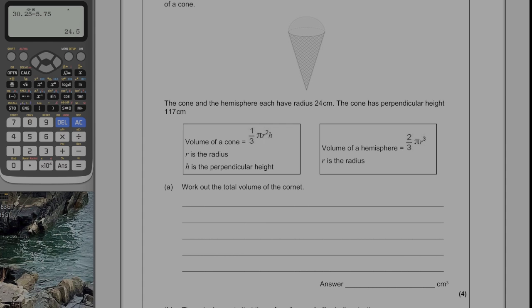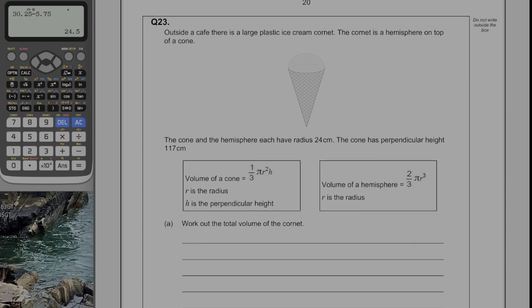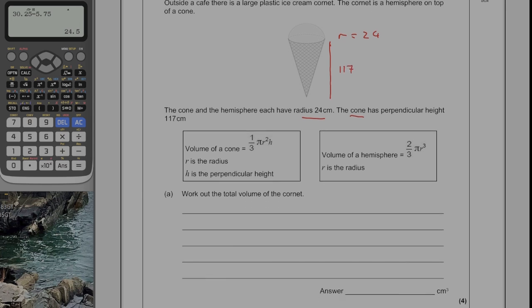Okay, so volume of a cone. Let's just sort this out slightly. So the radius of both shapes is 24, and then the height of the cone, so not the whole thing, the cone has a perpendicular height of 117. Right, work out the total volume.